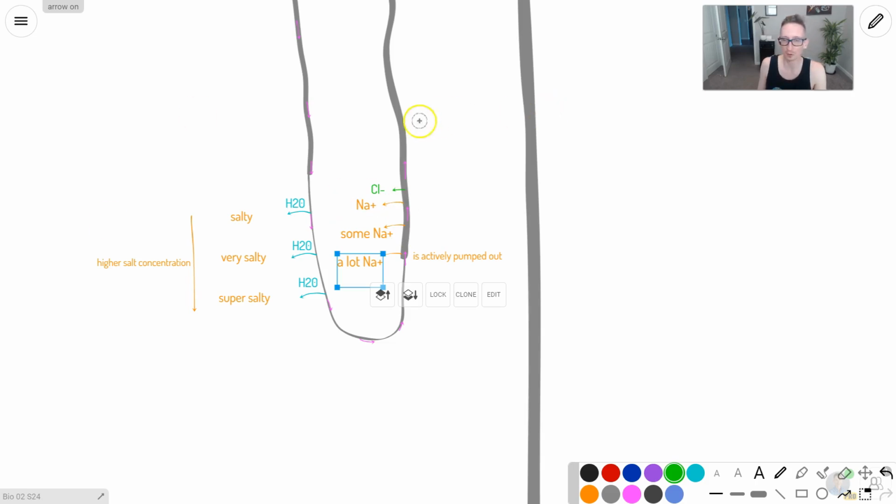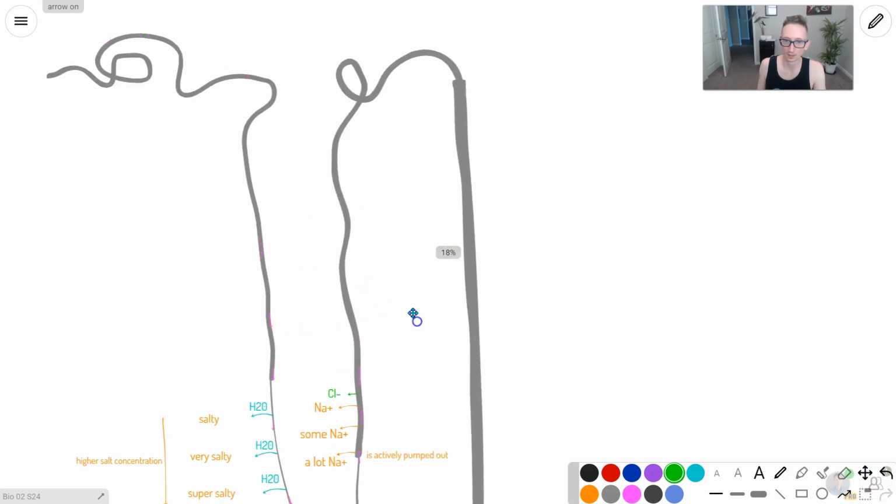Then there's actually more salt that's pumped out all along this. Even more salt is pumped out up here, at this top part here.